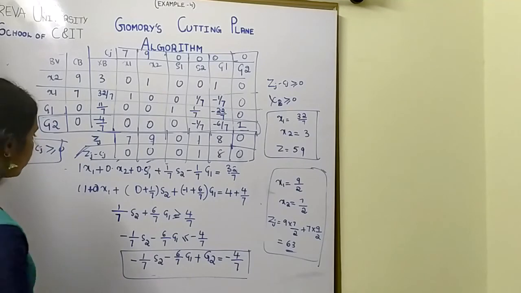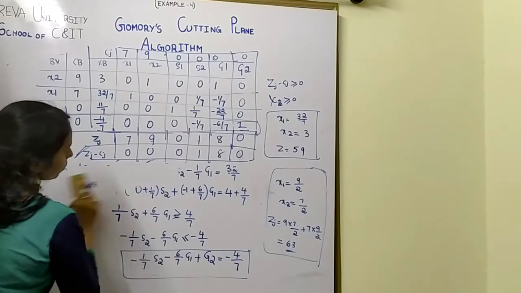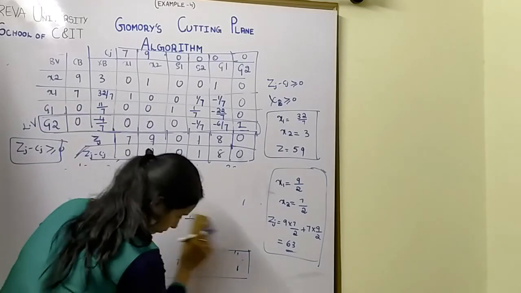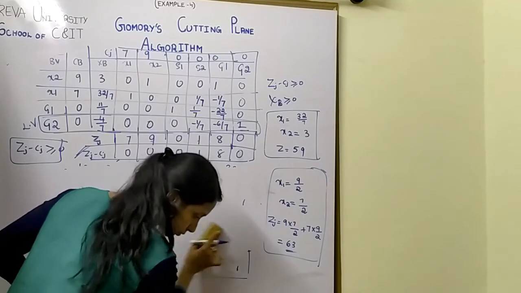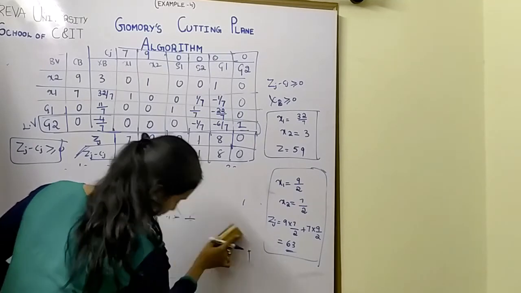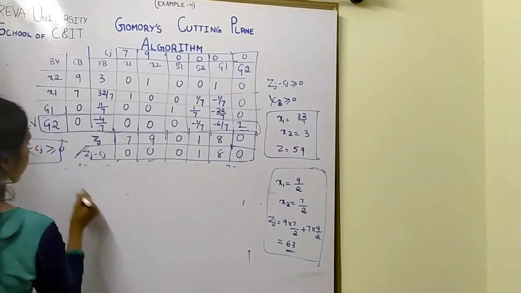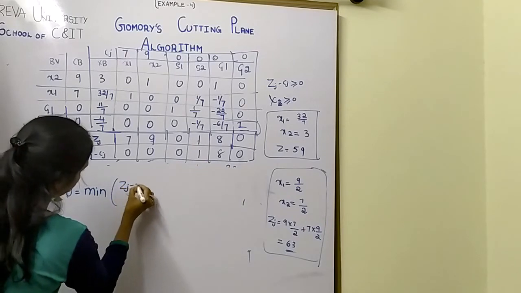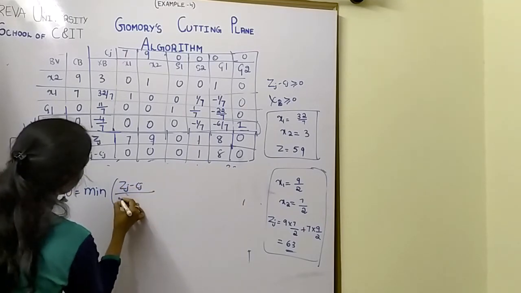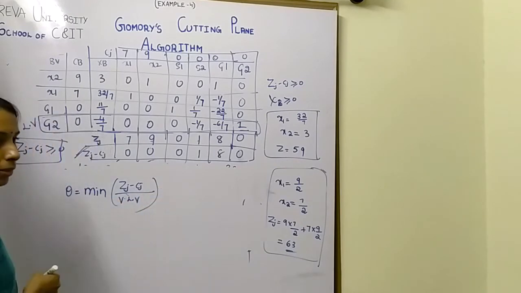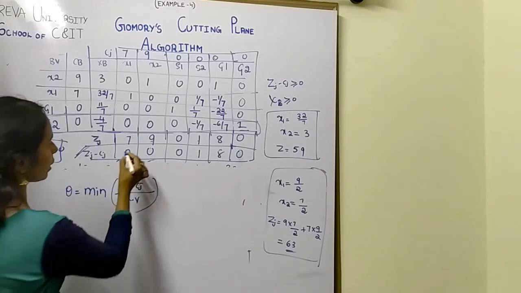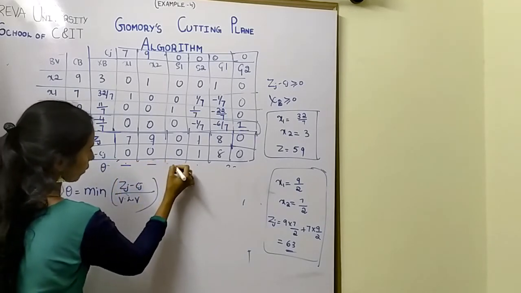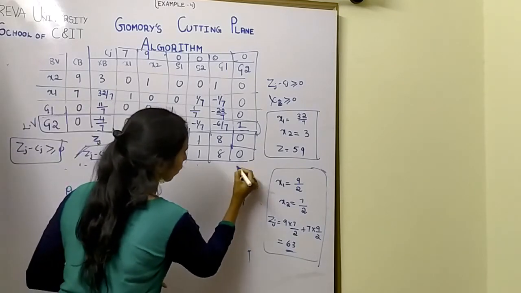So you have to use the formula. Theta is equal to minimum of Zj minus Cj divided by the value in the leaving row. Zj minus Cj is 0, so we won't get a theta value, hyphen, here also hyphen, here also hyphen.